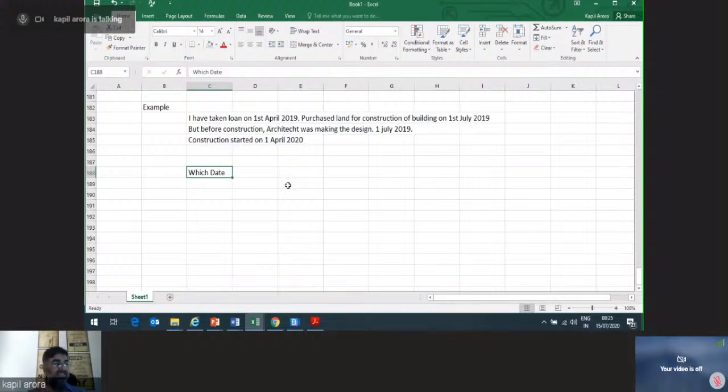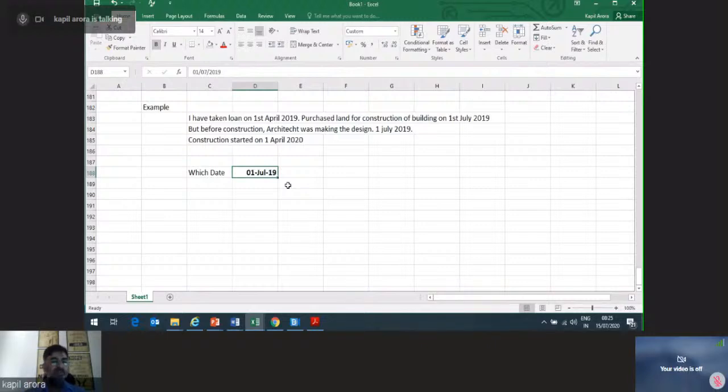So in this case, the date which we are going to consider would be 1st July 2019, because the architect making the design is also an activity of completing the activities involved in the construction. So 1st July 2019 would be considered as the date for the construction period.